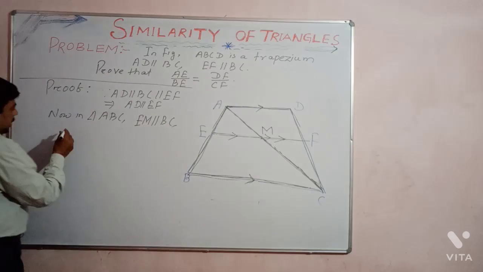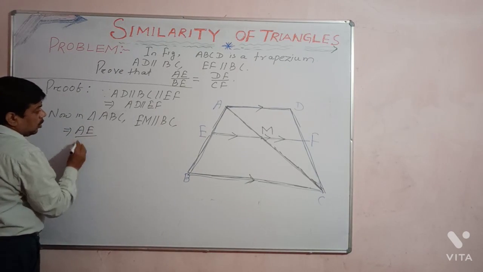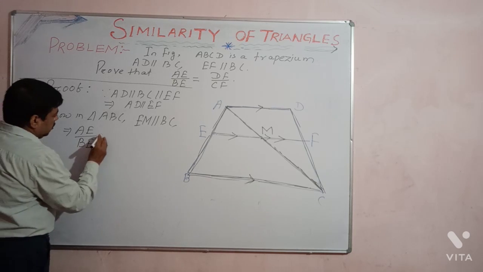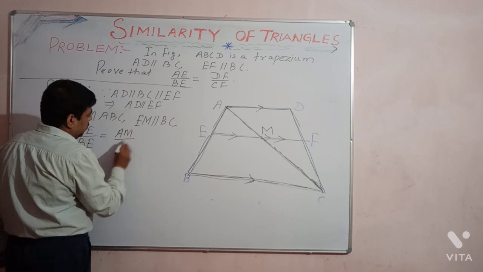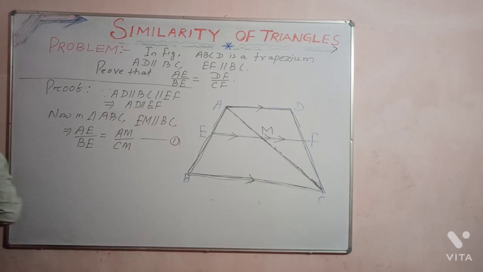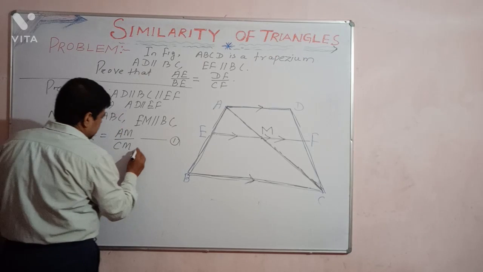Right? So that implies I can apply the theorem: AE upon BE is equal to AM upon CM. This is the basic proportionality theorem. Right? Understand?